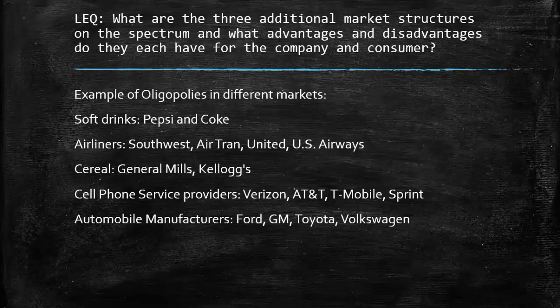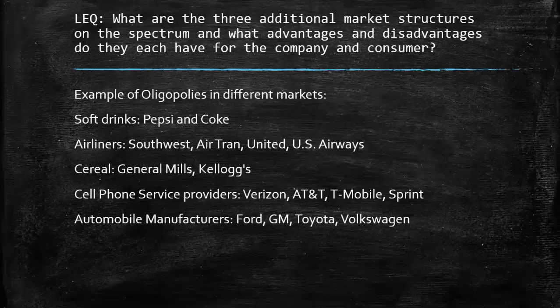If you want a soft drink, Pepsi and Coke are the gods of that industry. Yes, it's true. There are off-brands of soft drinks. But Publix brand soft drinks does not have nearly as large a market share as Pepsi and Coke. That's it. 2 companies, it means a few. The soft drink industry is an oligopoly. It's Pepsi or Coke. Those are the big 2.